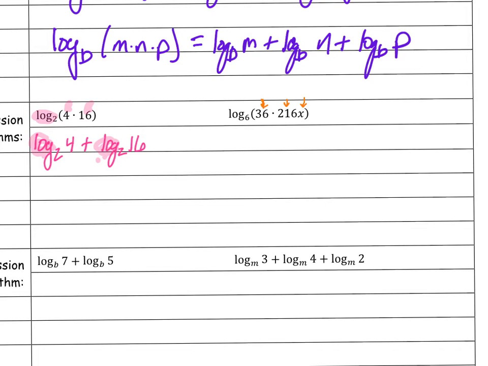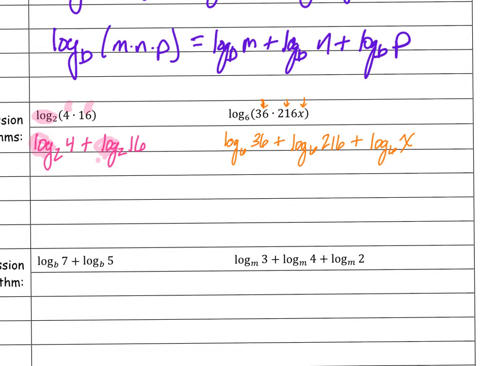So we're going to rewrite this. That becomes log base 6 of 36 plus log base 6 of 216 plus log base 6 of x. And that's it. Done. We're not doing anything more than that.